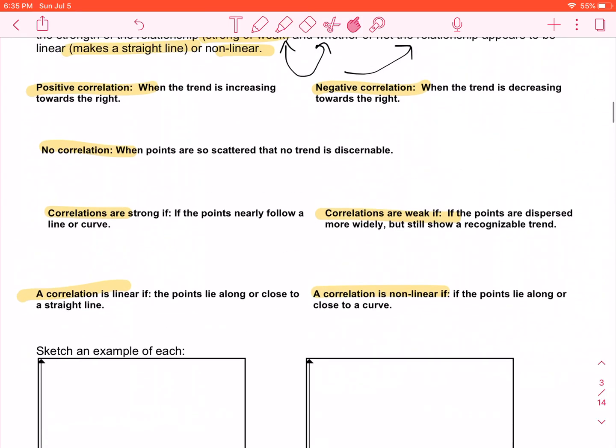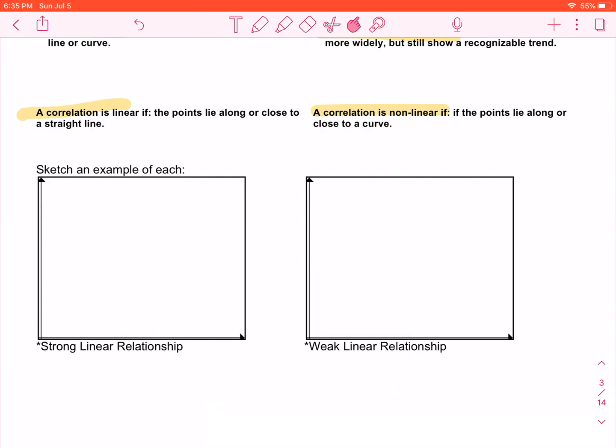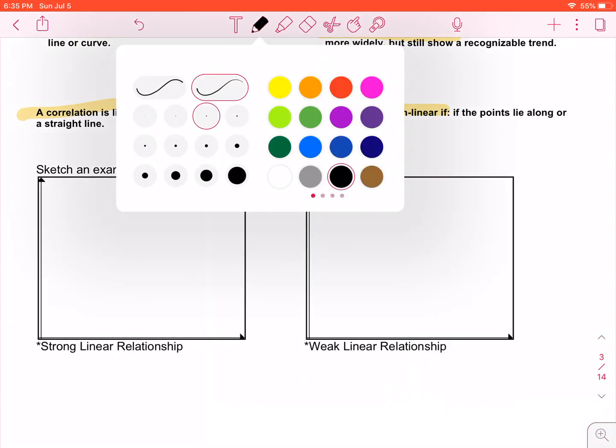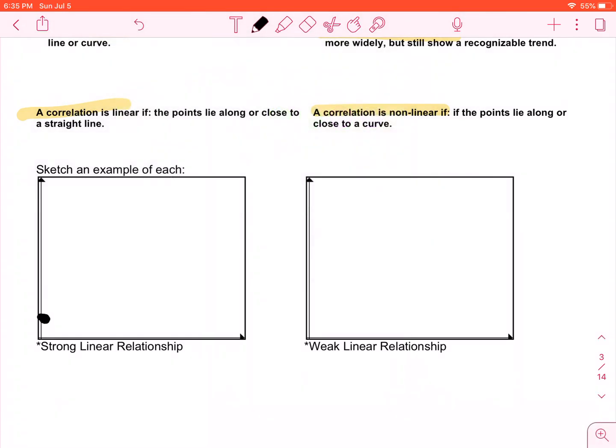And I'm actually going to draw an example of each. Okay, so when you have a strong linear relationship, basically what you would have is a scatter plot that looks like it's increasing to the right, and is increasing in value over time.